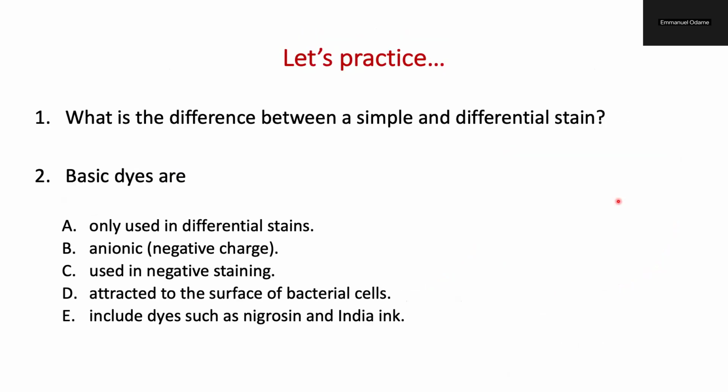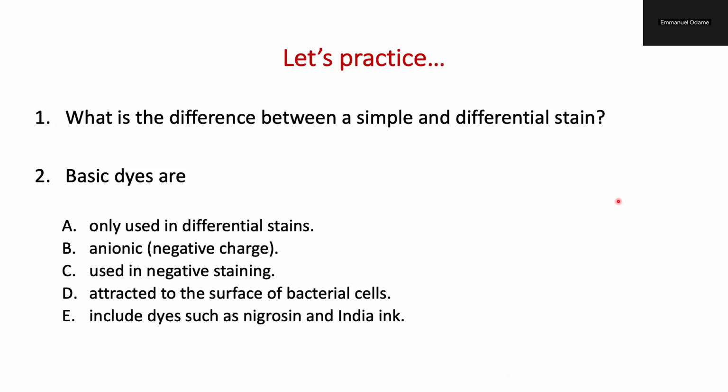So let's practice. What is the difference between a simple and a differential stain? A simple stain uses one dye and stains all organisms and parts, while the differential stain uses two different colors to clearly differentiate contrasting cell types or cell parts.